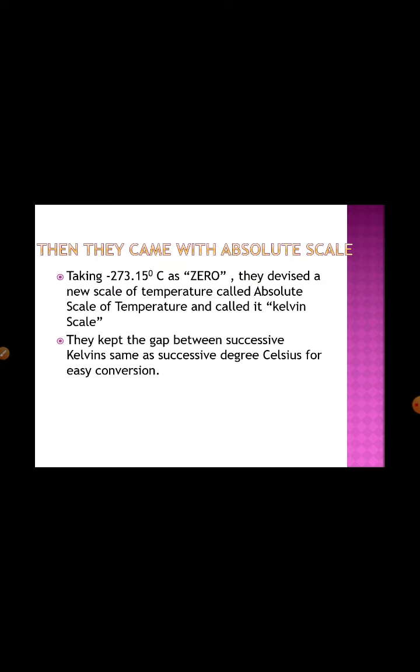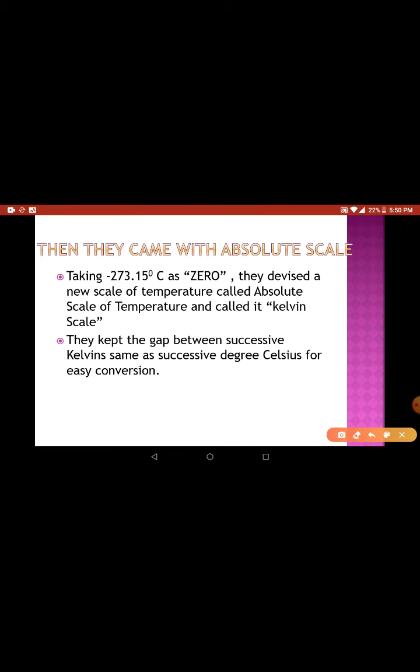So the scientists then got an idea. They devised a new scale apart from the Celsius scale and Fahrenheit scale. This new scale starts with 0 at minus 273.15 degrees Celsius. They named it the absolute scale of temperature, because they start 0 at absolute zero temperature. And after the scientist Lord Kelvin, they called it the Kelvin scale.